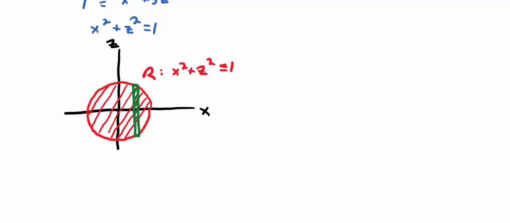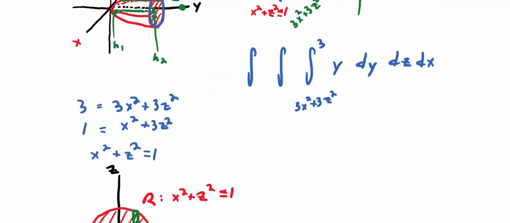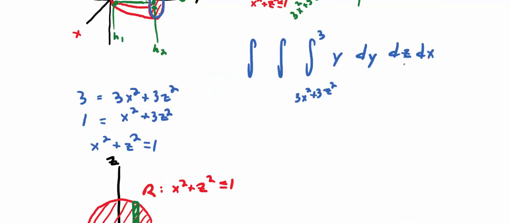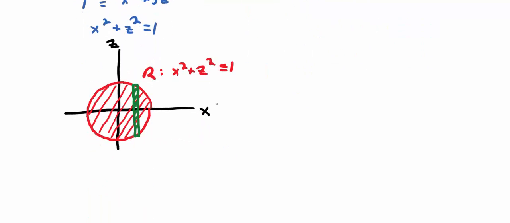So the middle limits of integration should be the limits on z in terms of x. So this lower limit should be a function of x, and this upper middle limit should be a function of x as well. What do we do? We solve this.